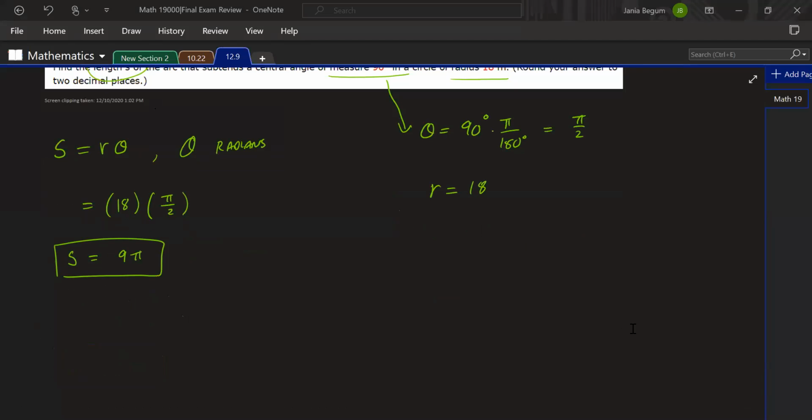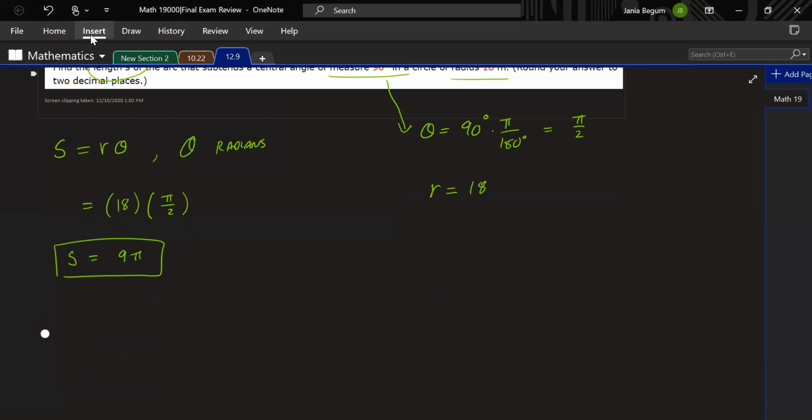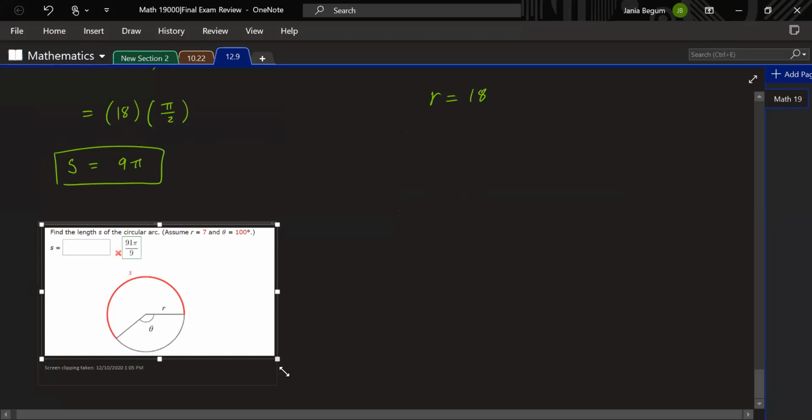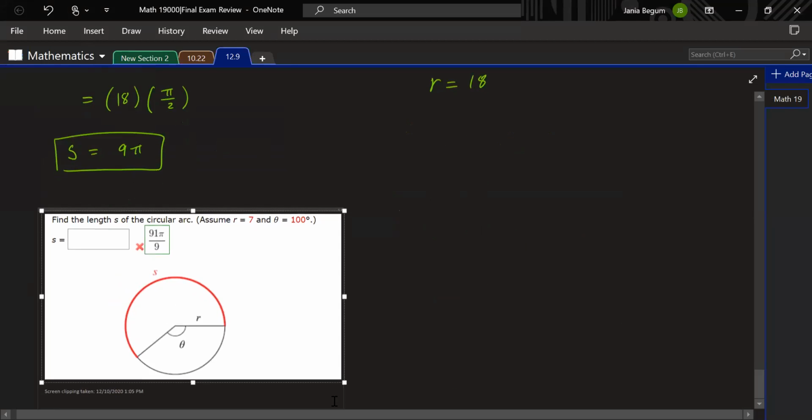Okay, here's a good question to work on. This one is a little bit more work, but we can still do it. This one is also looking for the arc length.